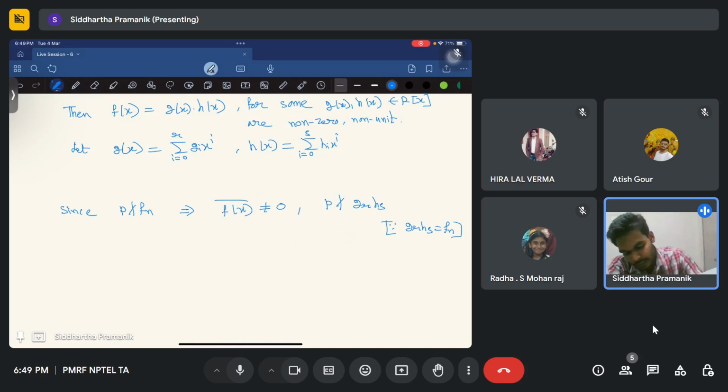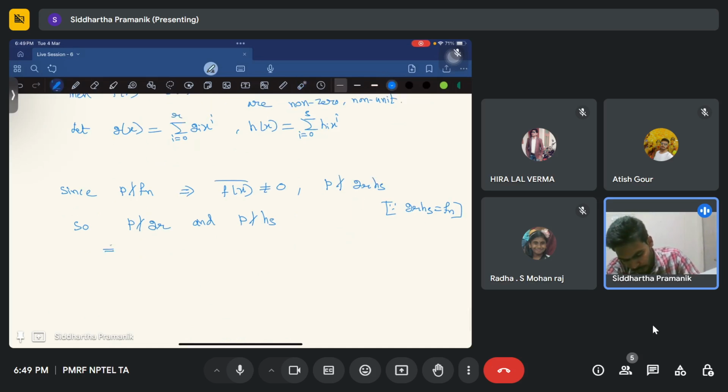Right? From this, what can you say? So p is a prime element, right? So you need to use that fact. So this will imply p does not divide gr and p does not divide hs, because if p divides at least one of these, then p must divide the product also.